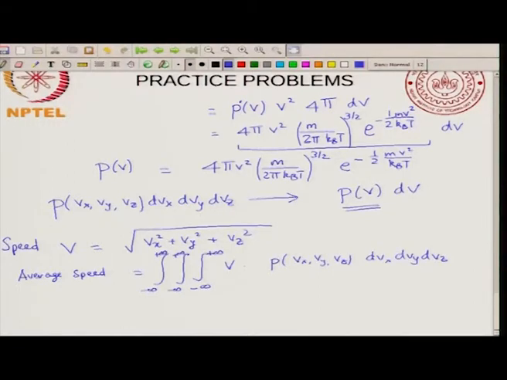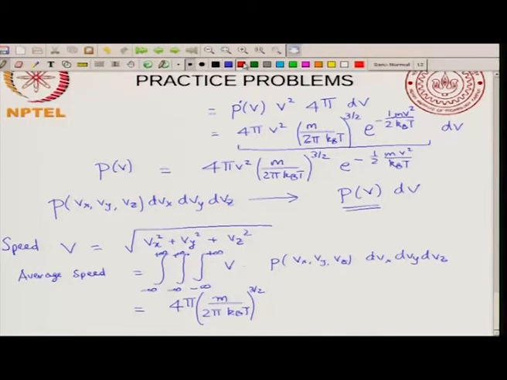Okay. So, if you want to calculate the average speed, then again you do the transformation to spherical polar coordinates, and you can use P of V, and what you will get is, I can write this as 4 pi and then I take the m by 2 pi kBT raised to 3 by 2. So, I am just copying this expression from here.